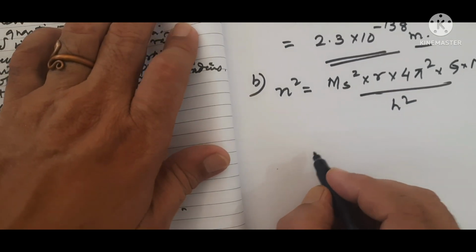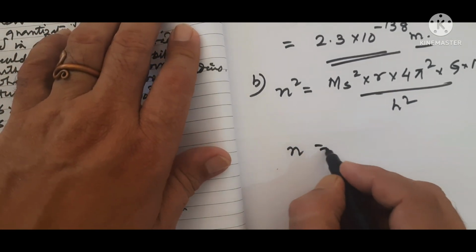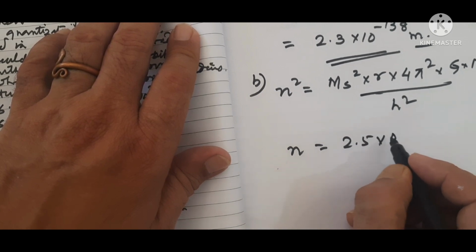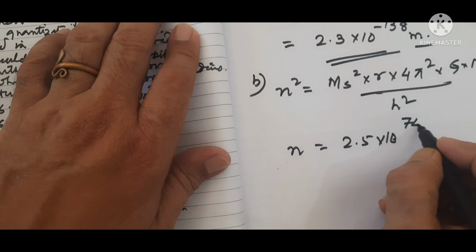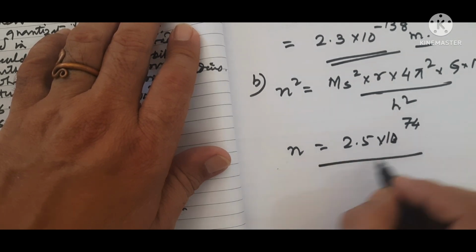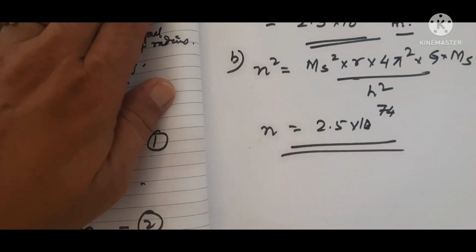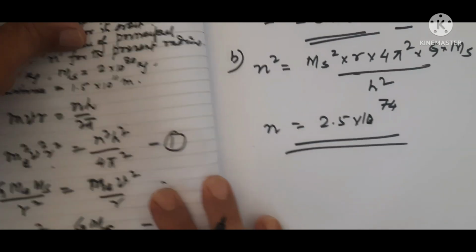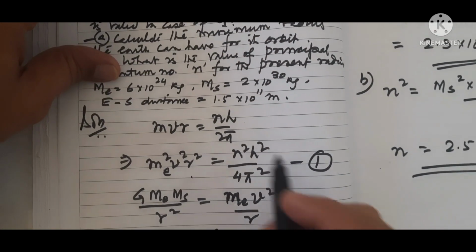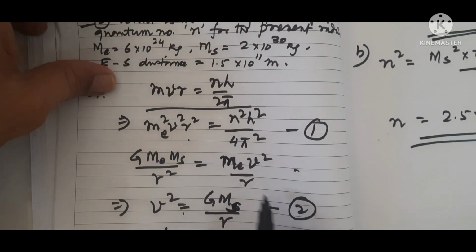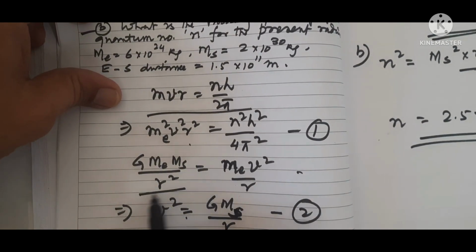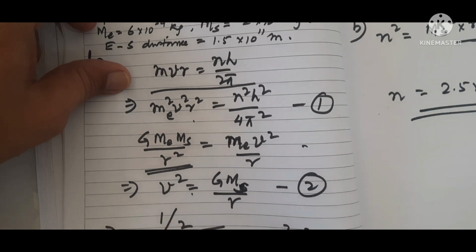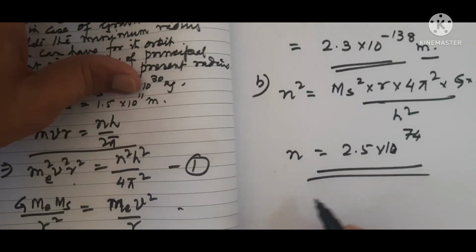By putting the value, then n is equal to 2.5 into 10 to the power 74. इतना n का वैल्यू आएगा. Right? Little bit longer calculation is there, but otherwise there's Bohr's postulate, and this particular force of gravitation is providing the necessary centripetal force. Just to divide it and get the result.